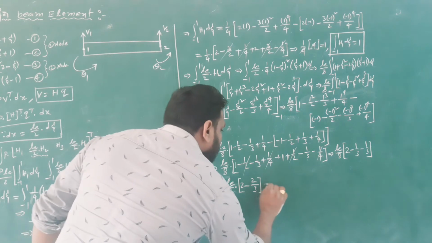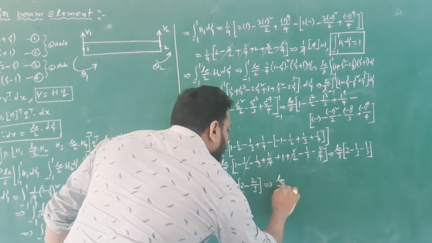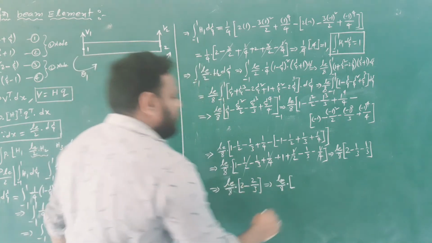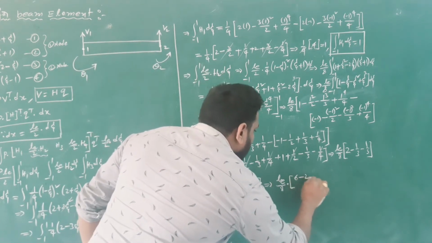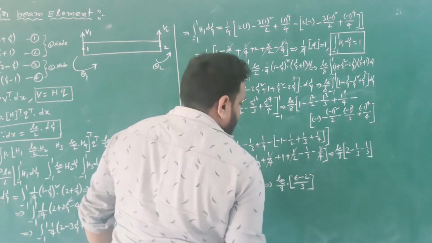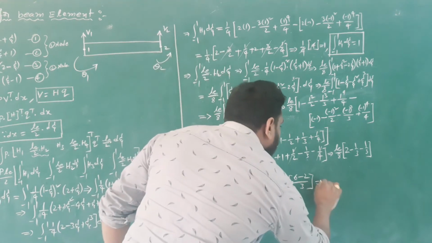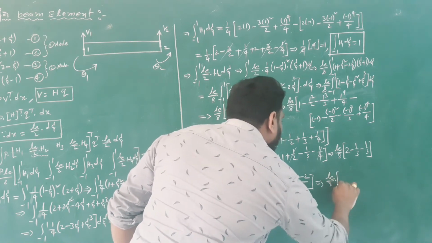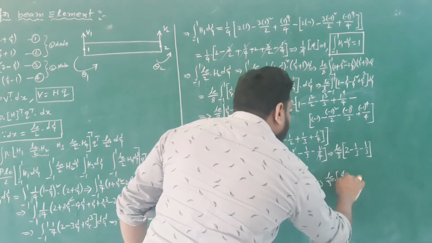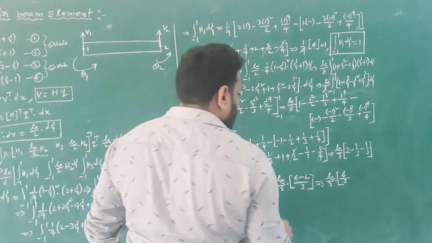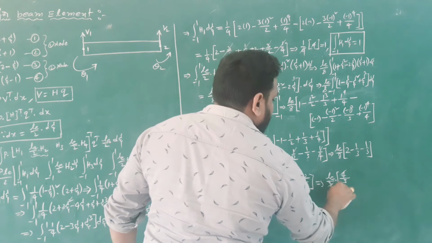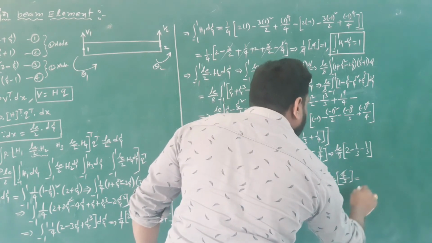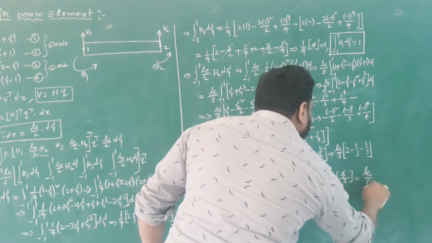Now LE by 8 into, so 3 2s are 6 minus 2 by 3, that will become LE by 8 into 4 by 3. So the 4s cancel, and 2 3s are 6. So that is LE by 6.